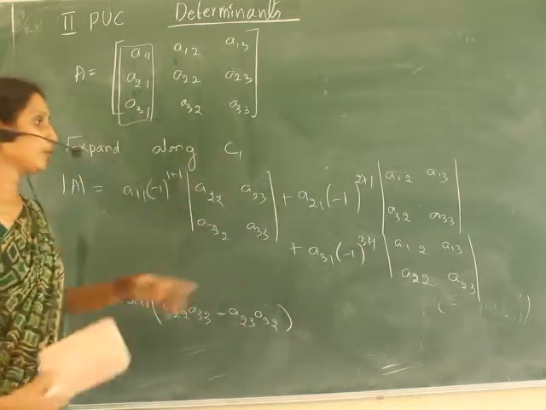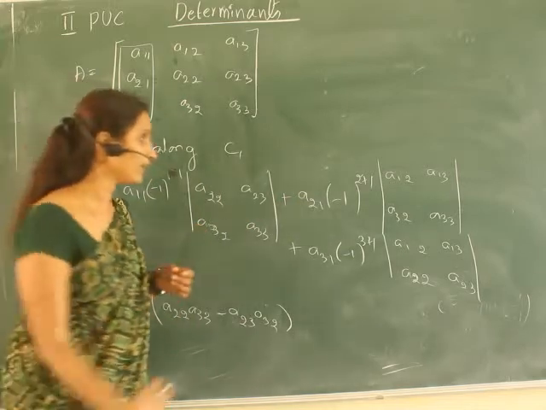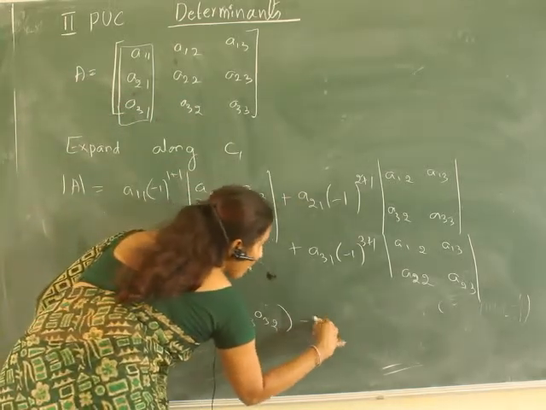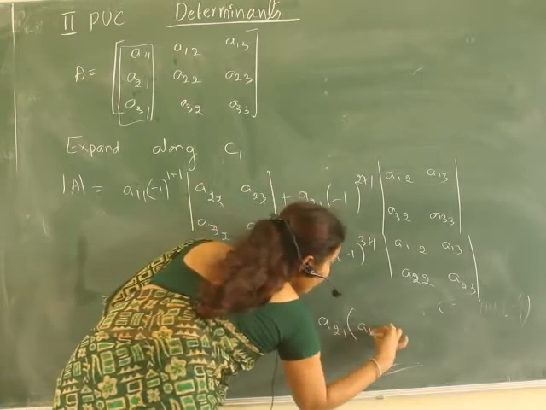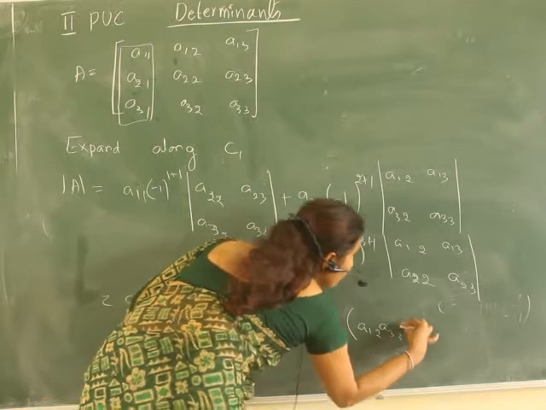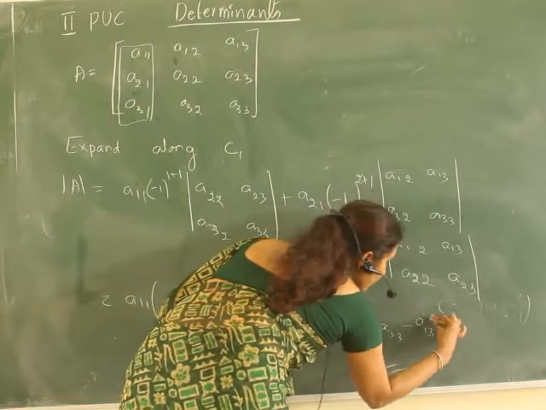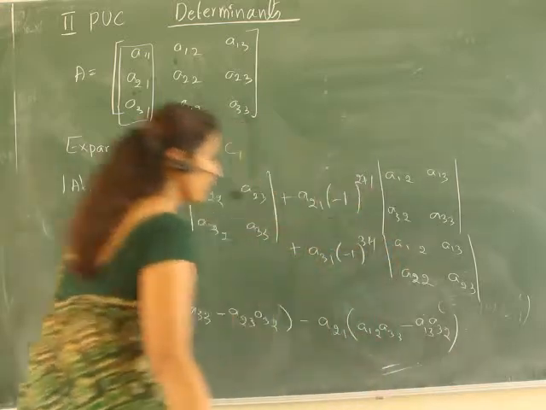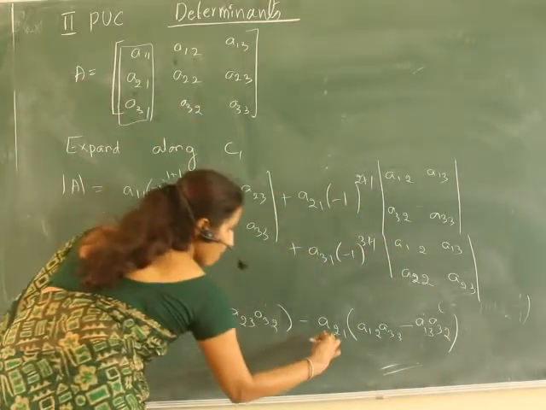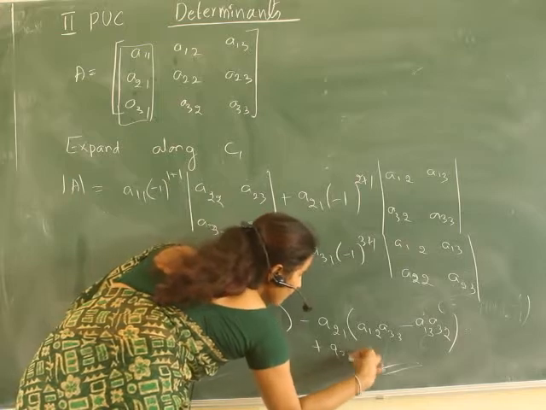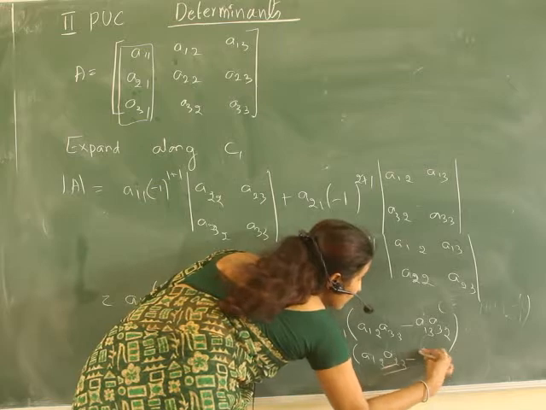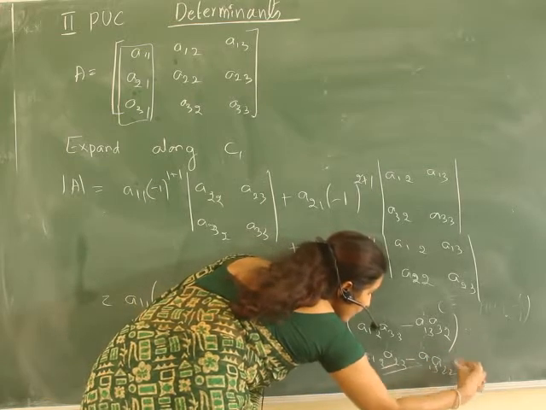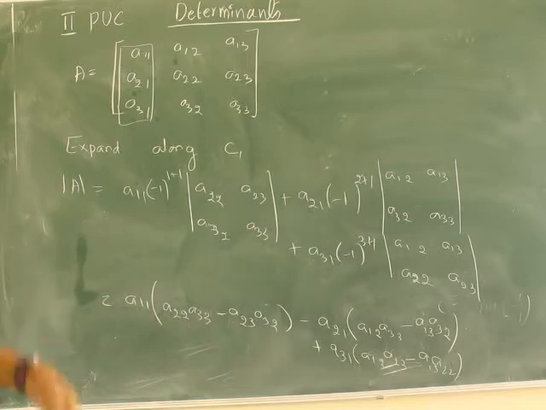Next, minus 1 to the power 2 plus 1 is negative, therefore I can write it as minus A21 into A12 A33 minus A13 A32, next plus A31 into A12 A23 minus A13 A22. So this is what we obtain by expanding along C1.